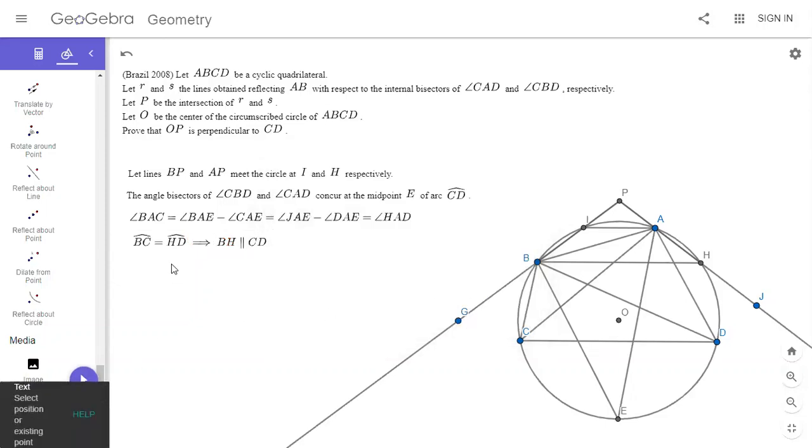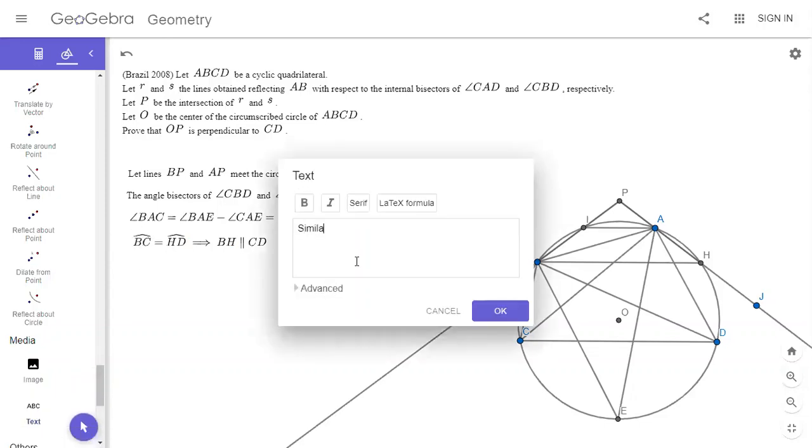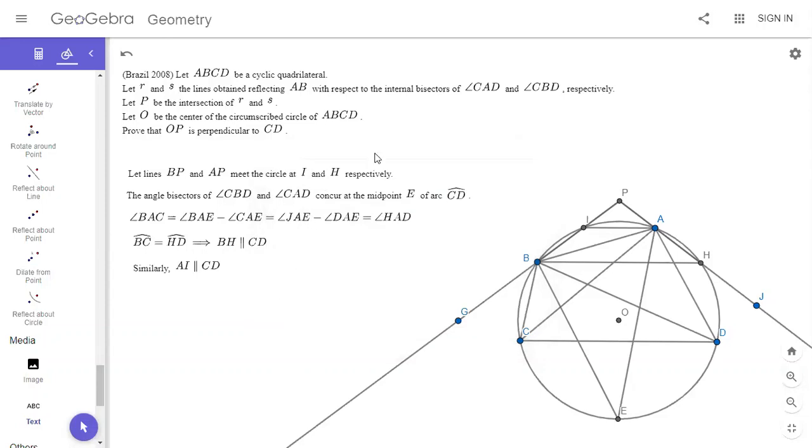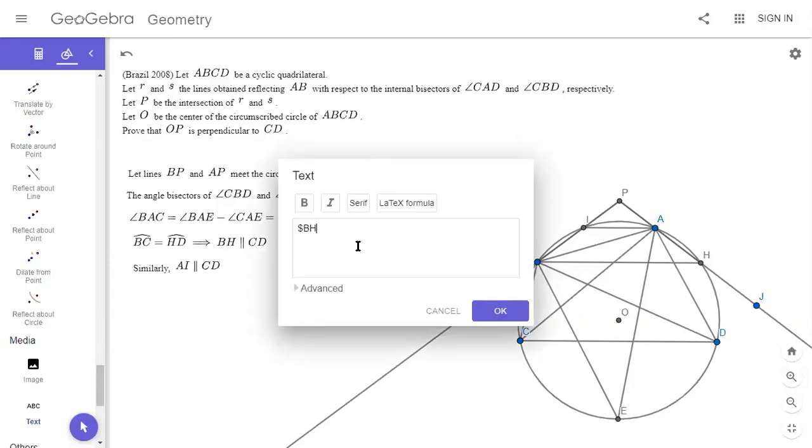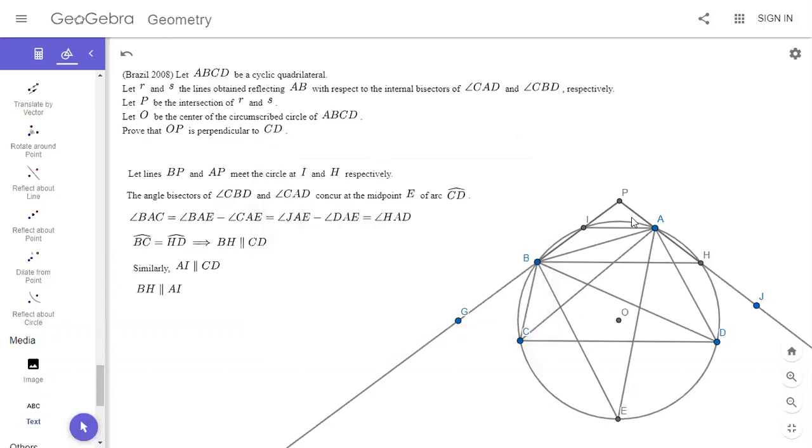And then similarly, AI is parallel to CD. And so BH is parallel to AI. And so if that's true, then by symmetry, if BI and AH meet at P, then PO has to be perpendicular to all three of these.